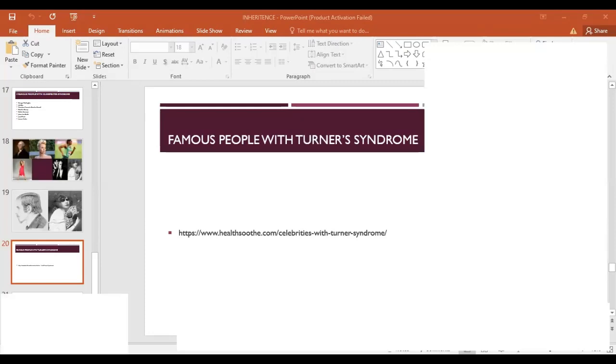And this is the actress Jessica Alba. This is the Irish actress Saoirse Ronan.